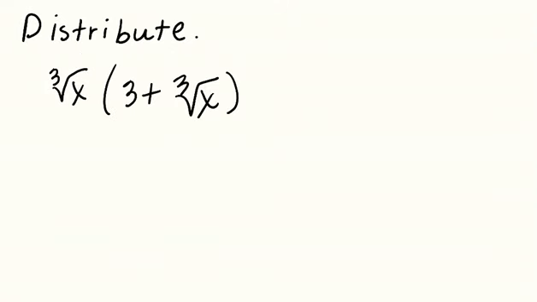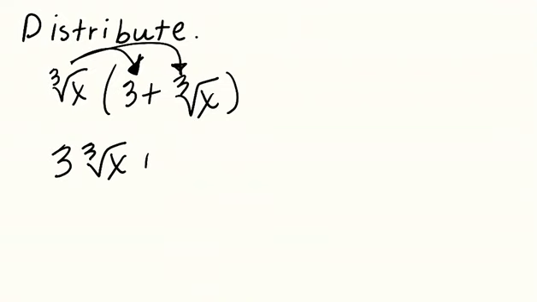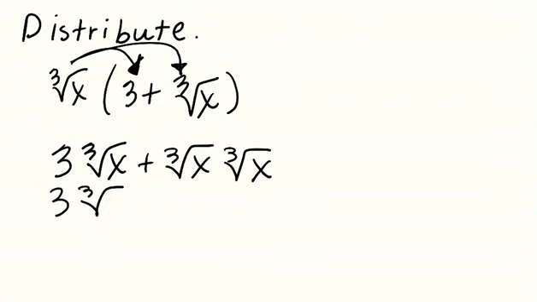Okay, another one. That'll be 3 times the cube root of x plus the third root of x times the third root of x. Well, that's like the third root of, I can put them together and say that's x squared.